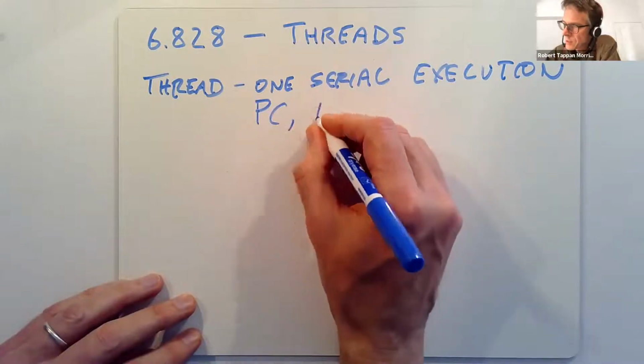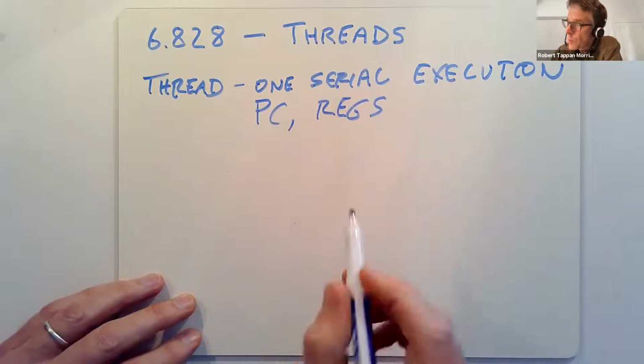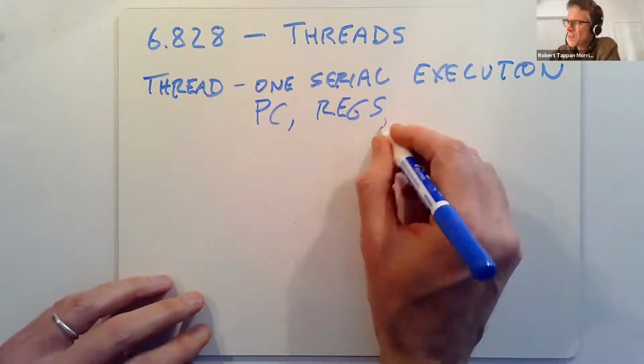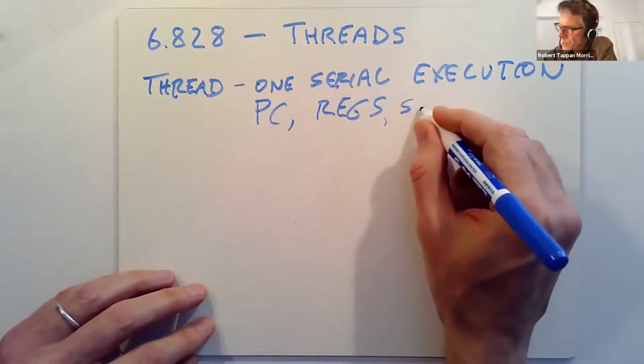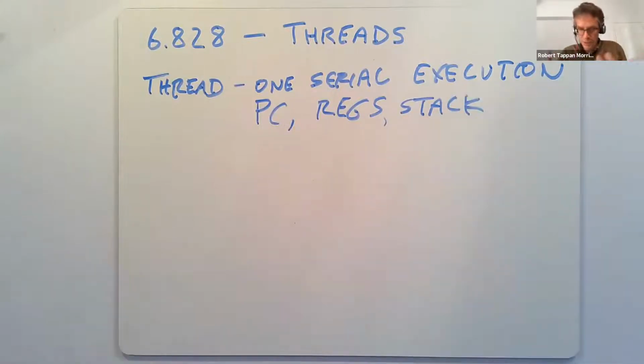So the state of a thread includes the registers that the compiler uses to hold variables. It also, because of the way the compiler generates code, includes a stack. Typically, each thread has its own stack dedicated to executing that thread, and the stack records the function calls that reflect the current point in the execution of that thread.